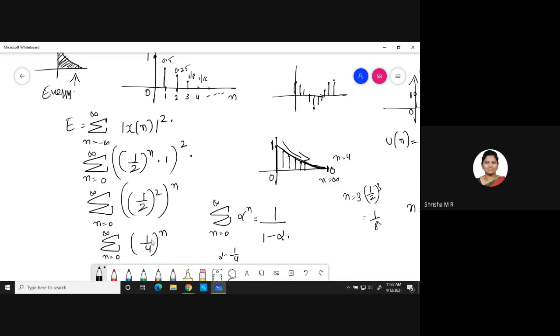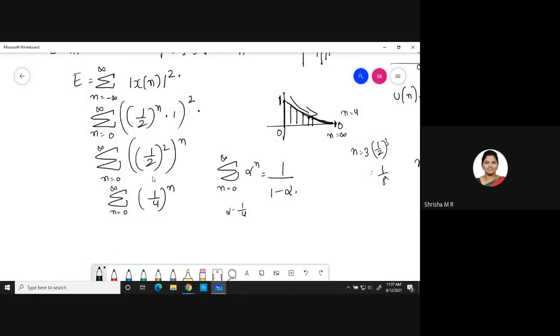So how do we go about solving this problem? We have got it in the form of a GP, that is, geometric progression, so you have to solve it in this form. It will be 1 by 1 minus 1 by 4, which is nothing but 4 by 3 joules.